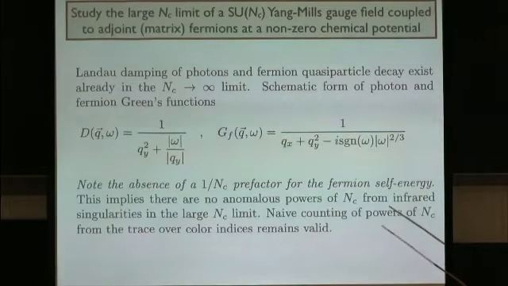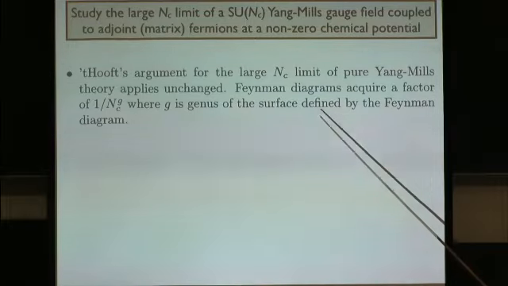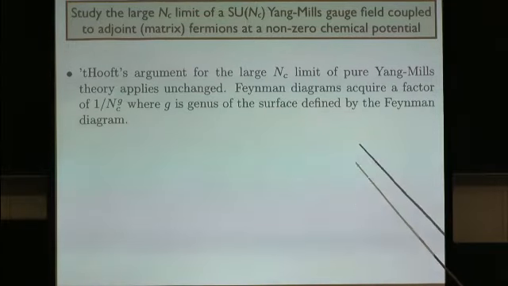This is very, very important, because this implies that all these worries that Sung-Sik Lee introduced on singularities due to infrared terms, those infrared singularities are still there, but they do not introduce additional powers of NC. So the NC counting is exactly the same as that of 't Hooft. So in this theory, 't Hooft's argument for the large NC limit also applies when the chemical potential is finite.